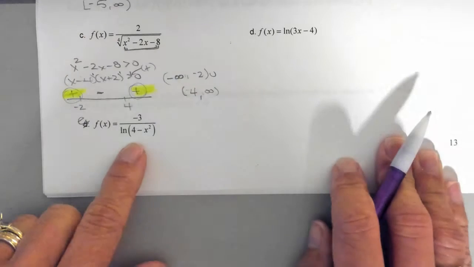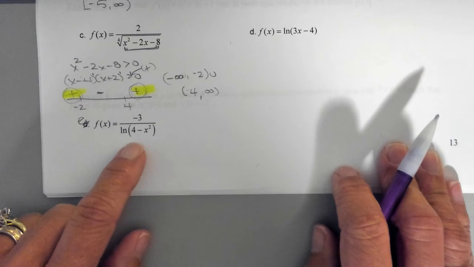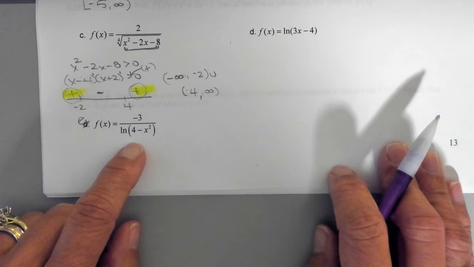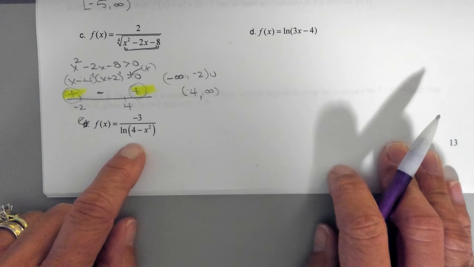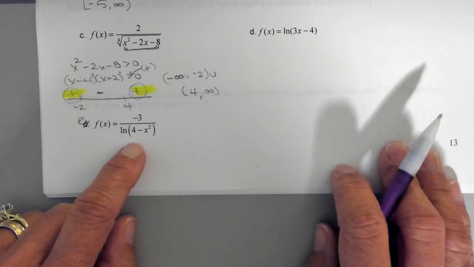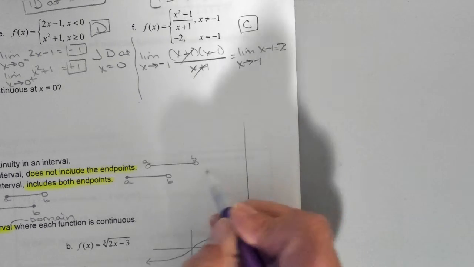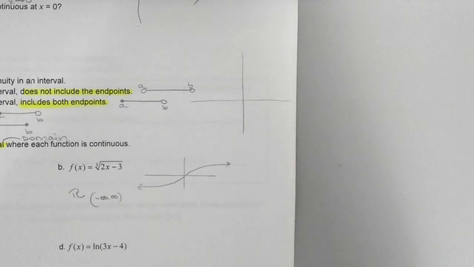Okay. In addition to that, can I take the natural log of 0? Think about the graph. Think about the domain of the natural log. We just did it the other day. What's at 0 for a natural log? What's there graphically? If I had to graph the natural log function, what does it look like?